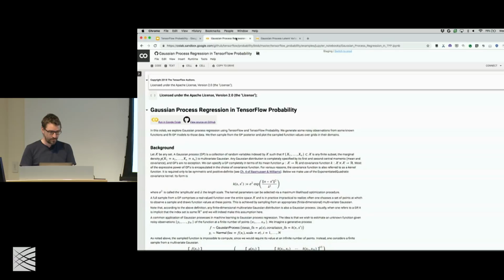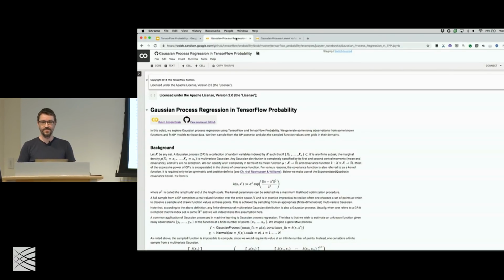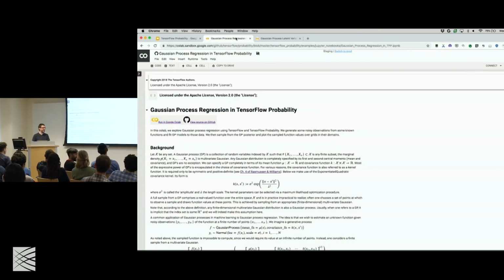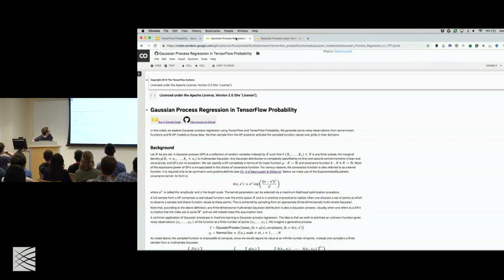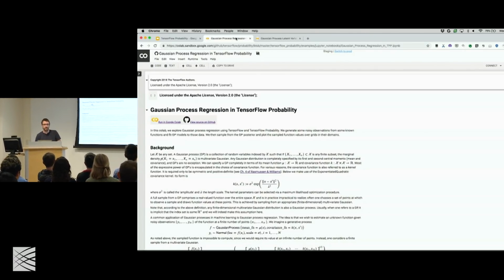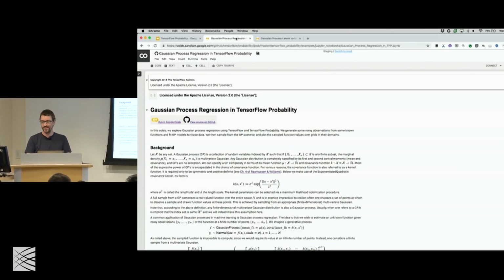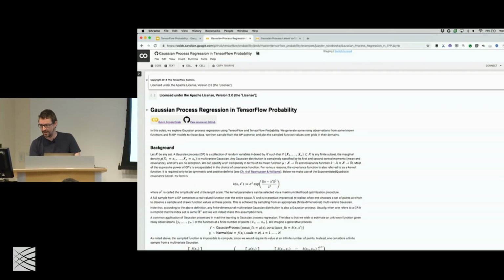So how many people are familiar with Gaussian processes in some sense? Oh, awesome. I think in the announcement about this there were some references to other talks that were longer and more detailed than I'll be able to give here. Can people read this?